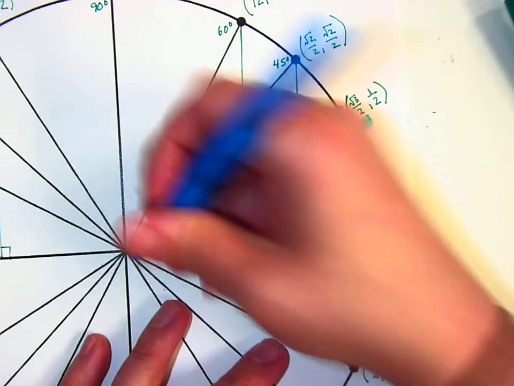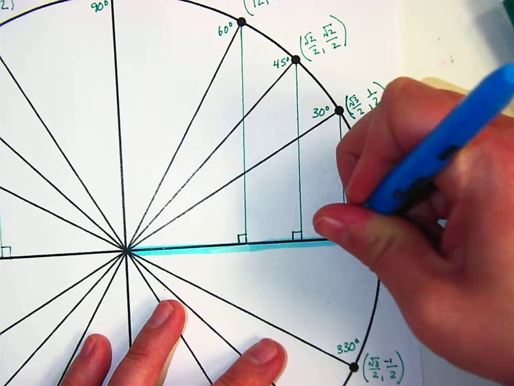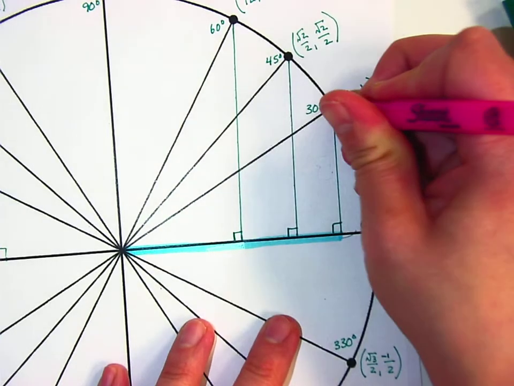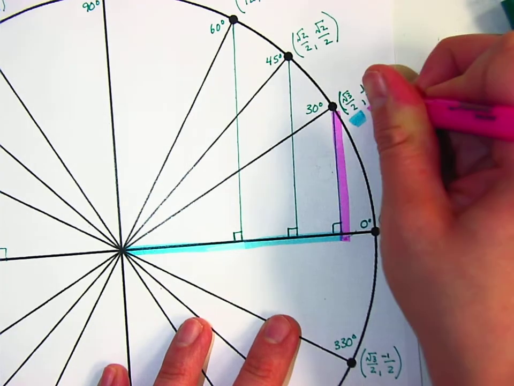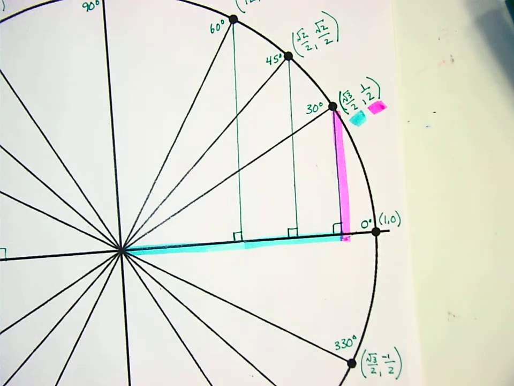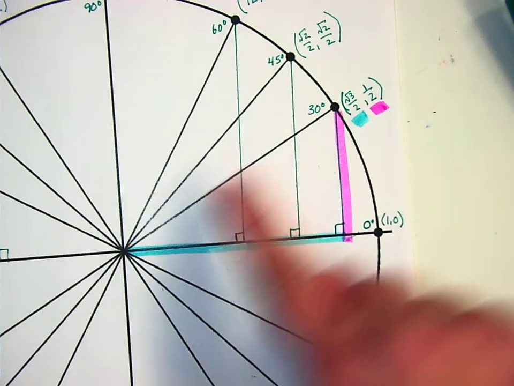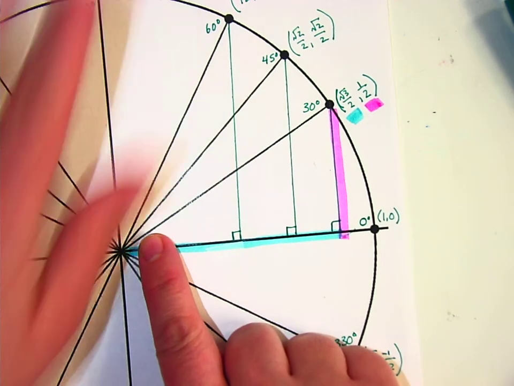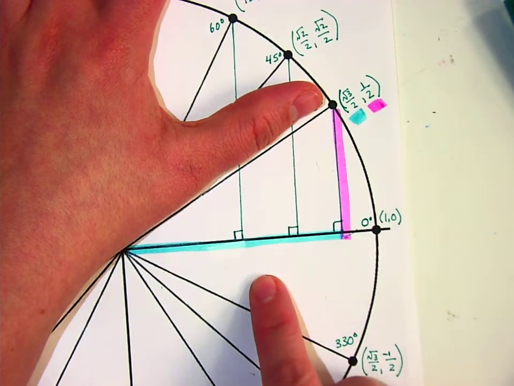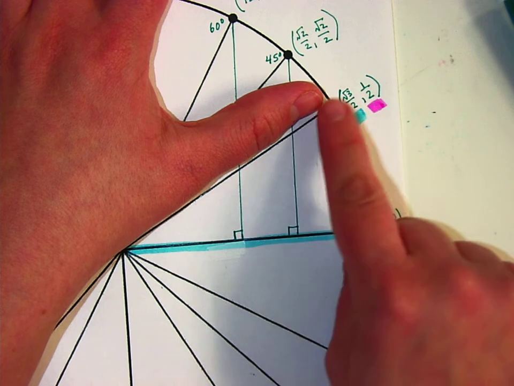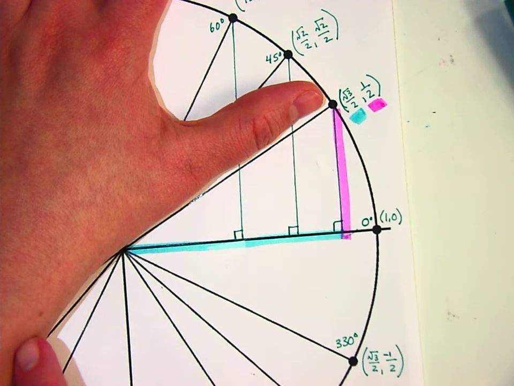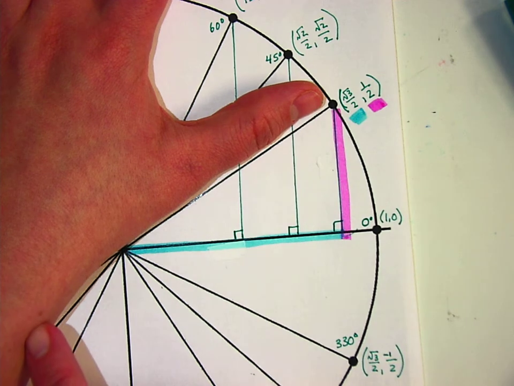This right here is this distance. And this right here is this distance. Okay, and you remember that the radius is 1, right? So the cosine of this angle is adjacent over the hypotenuse, which is the square root of 3 over 2 over 1, which is still just the square root of 3 over 2.